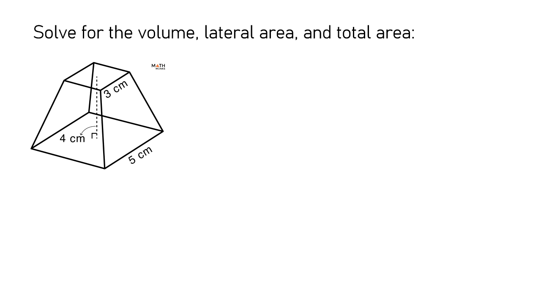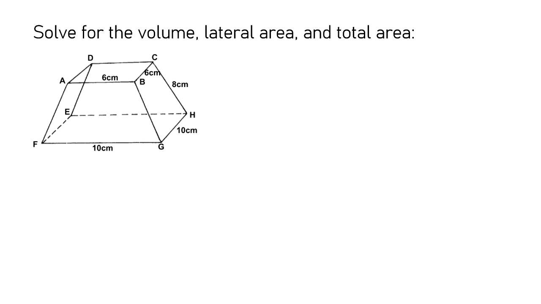Now, let's proceed to another example. Again, we always start with identifying our given. Let's identify which one is the bigger base and which one is the smaller base. So, smaller base is here on top, and bigger base here at the bottom.